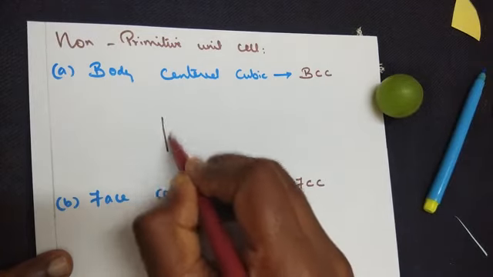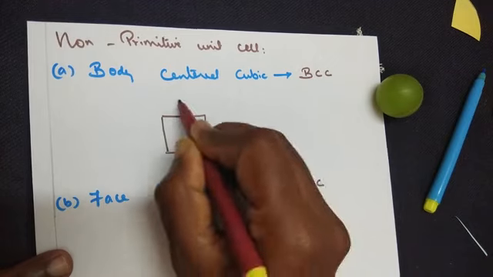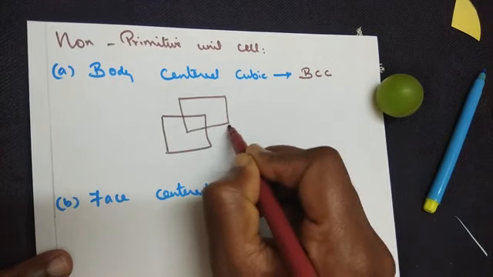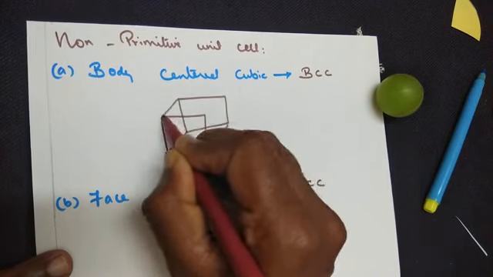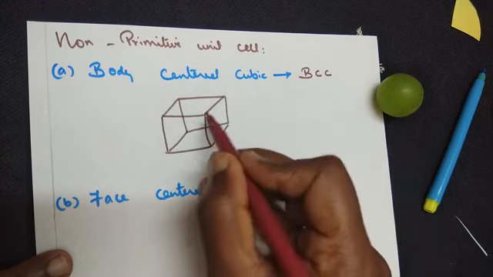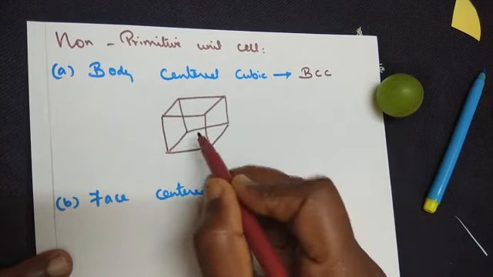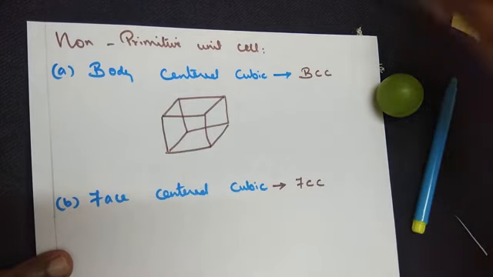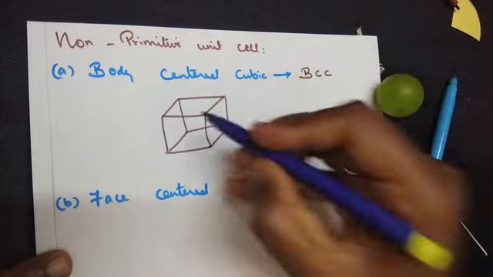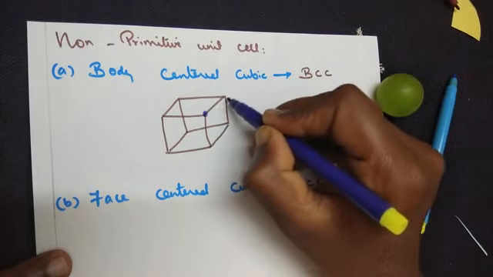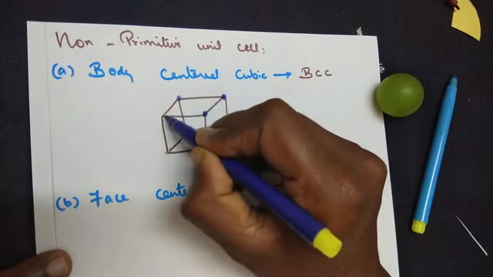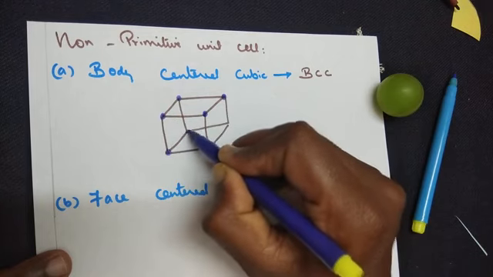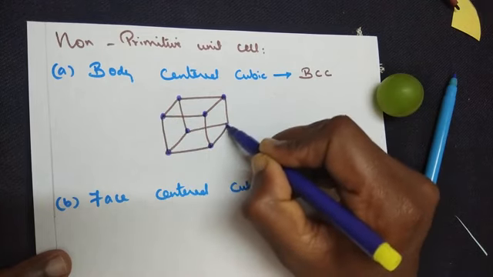When we say body-centered, there is one particle in the middle of the unit cell. This is one unit cell. How many corners are there? 8 corners, and all 8 corners will have one particle in it: 1, 2, 3, 4, 5, 6, 7, 8.